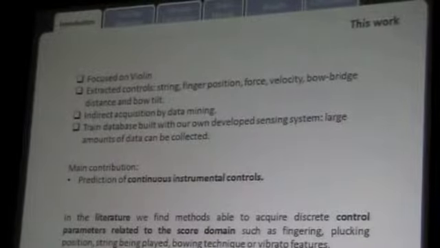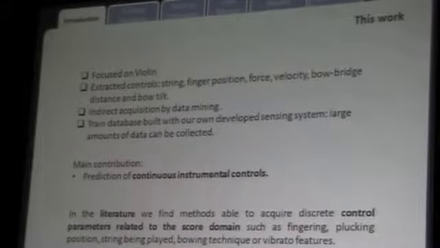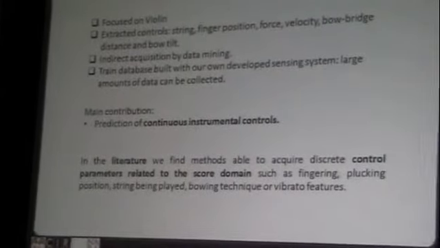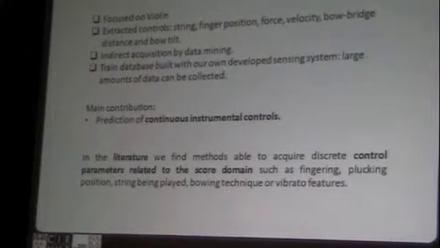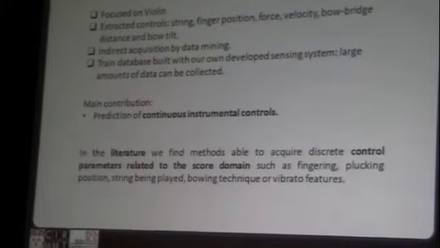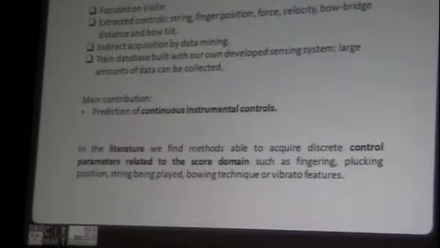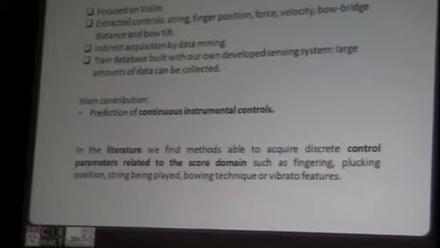I would say that the main contribution is that of predicting continuous controls. Because in previous works, you can, for example, know the string being played in a note or the bowing technique of a note. But in general, those are things more related to the score domain, not to the gesture domain, the control domain.